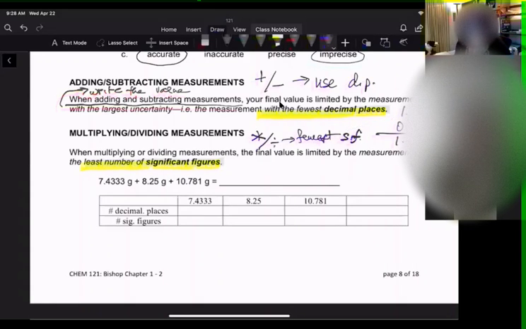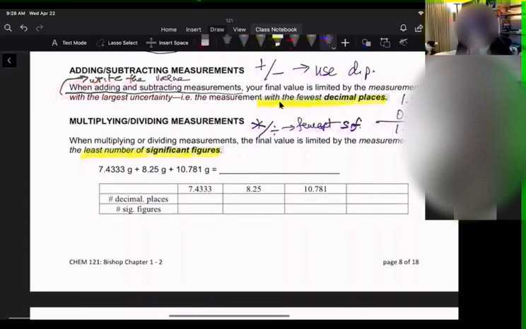All right, in this next one, the way I've set up these boxes is to identify decimal places and significant figures. For this number here, we have 1, 2, 3, 4, 5 significant figures. And how many decimal places? 1, 2, 3, 4.